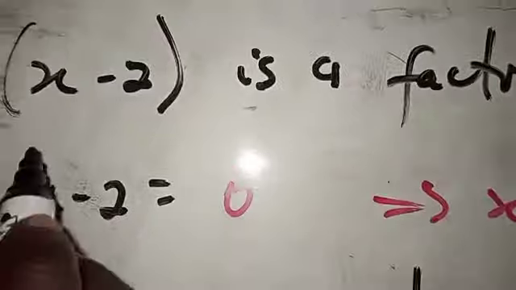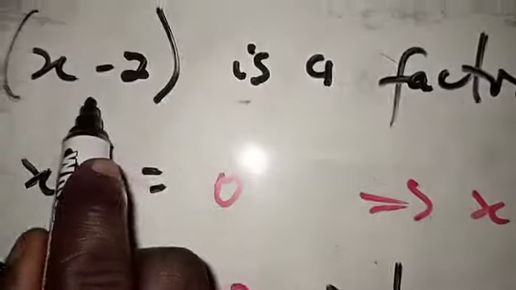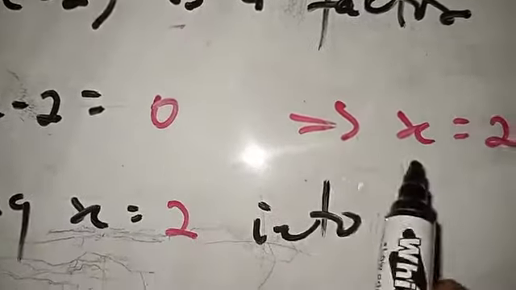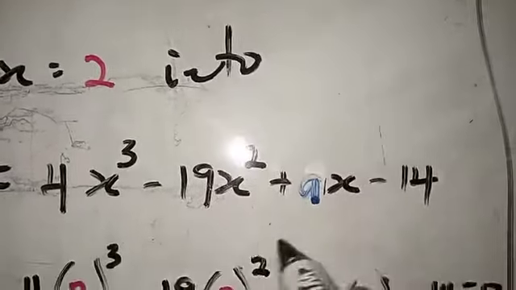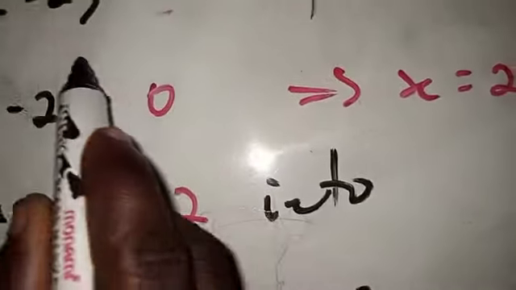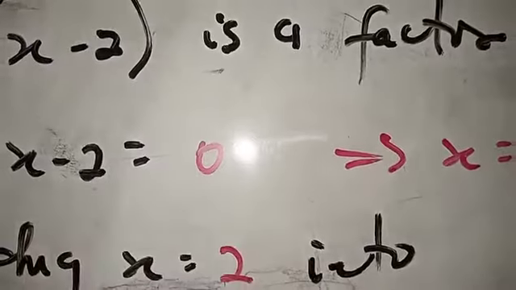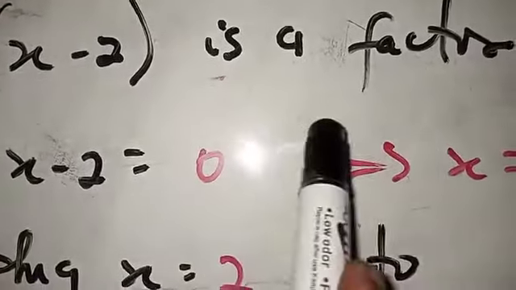So once again, if you say that this guy is a factor of the polynomial, it means that when you solve this guy, you have your x equal to 2 here. If you plug that into the polynomial function, you must get 0. The reason is that this guy is a factor. So the question says that x minus 2 is a factor.